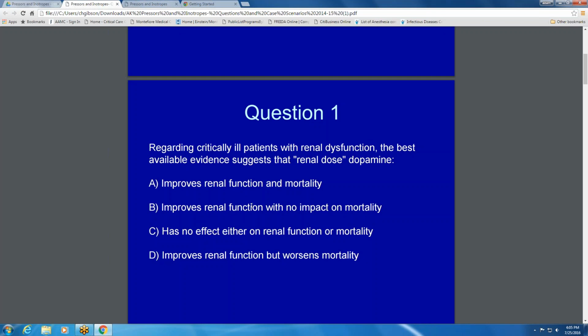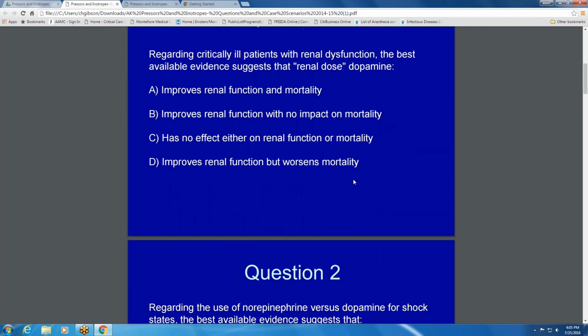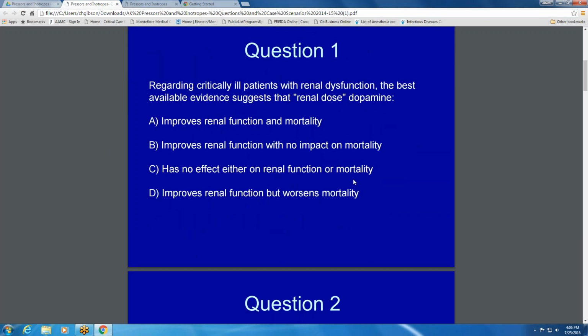Regarding critically ill patients with renal dysfunction, the best available evidence suggests that renal dose dopamine, which of these answers do you think is correct? All right, so we said C, no effect on either renal function or mortality. Okay.